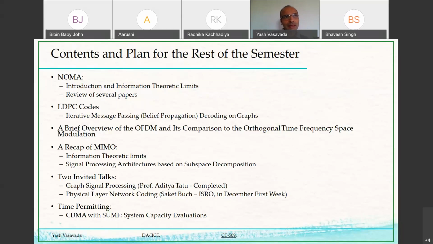The next lab that I would like you to do is going to be focusing on LDPC codes and this belief propagation algorithm. I think it's a very nice algorithm, not very difficult, in my opinion, to simulate and to implement in MATLAB.